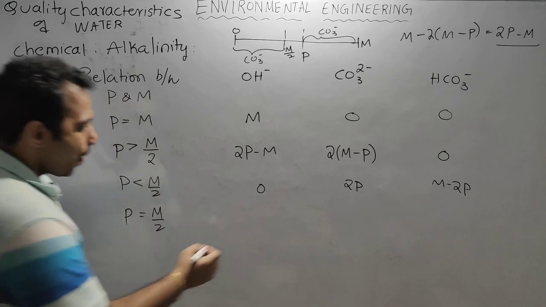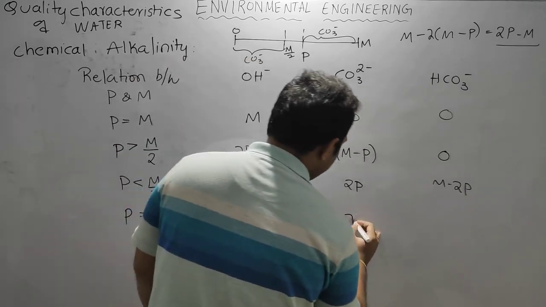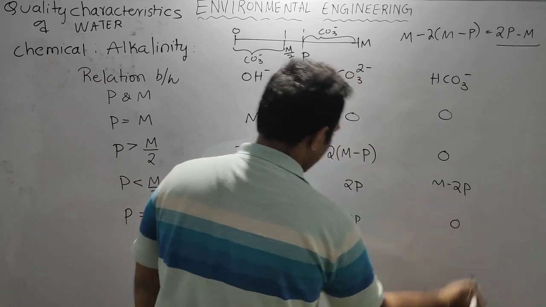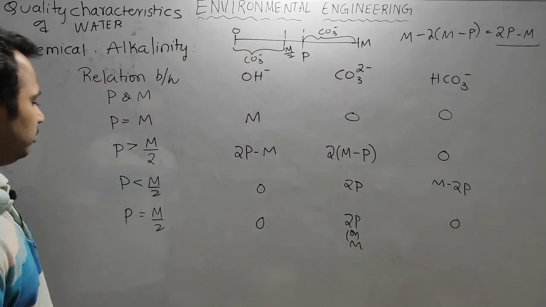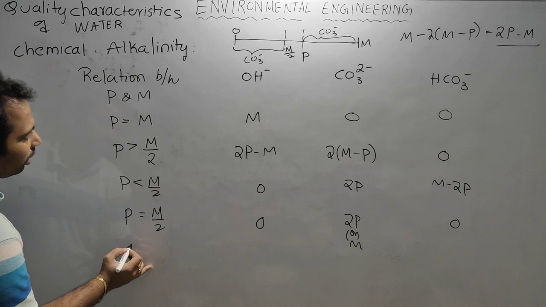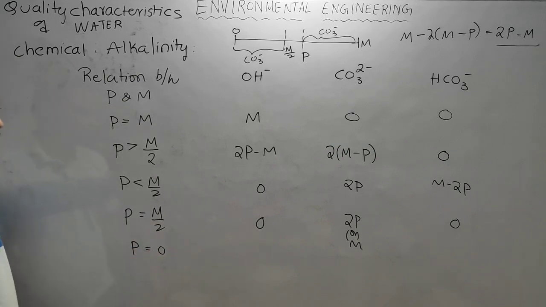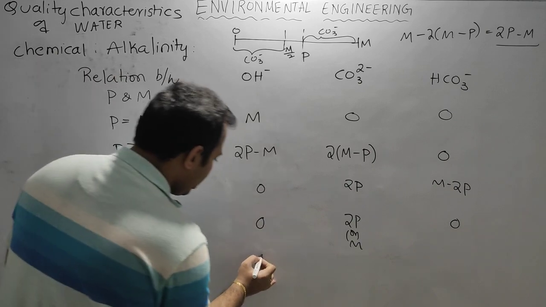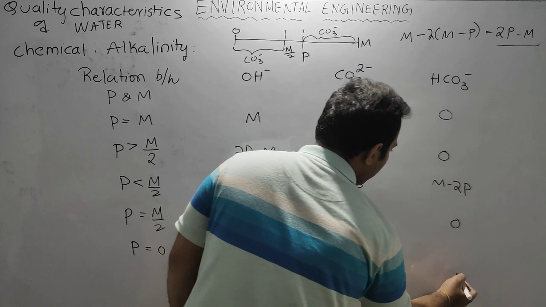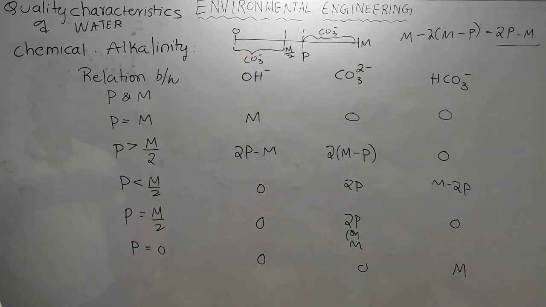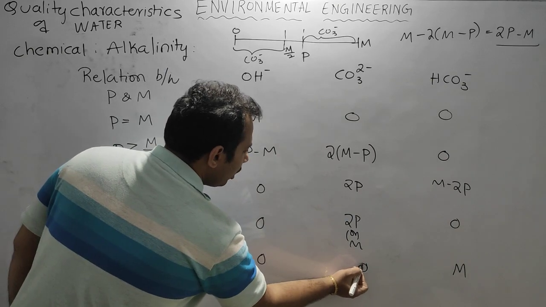OH minus is 0, CO3 2 minus is 2P or simply M, and HCO3 minus is also 0. When P is equal to 0, then it is completely bicarbonate alkalinity.